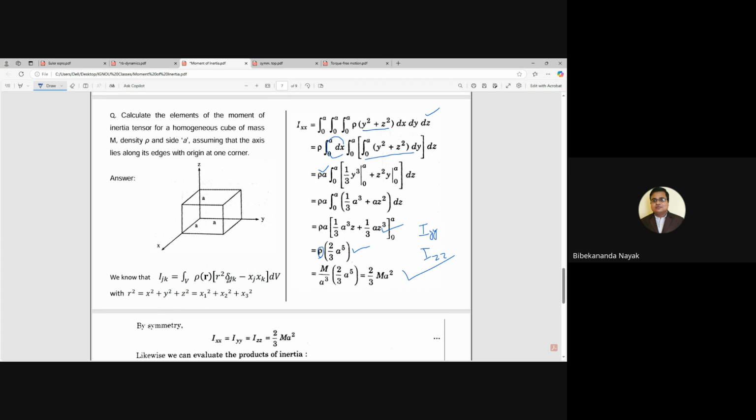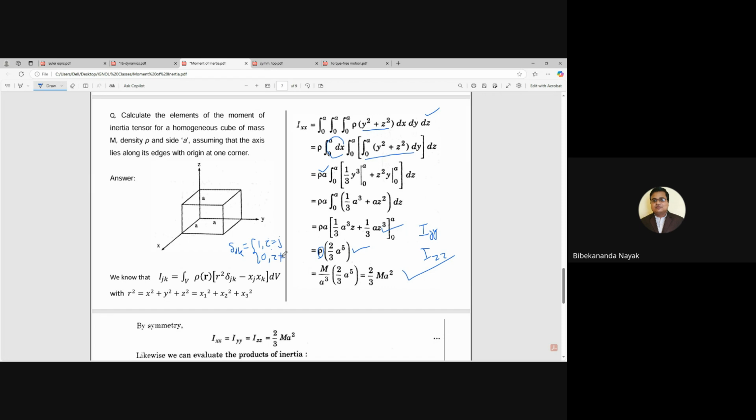The Kronecker delta means it will be 1 if i is equal to j, the same, and 0 otherwise, if i is not equal to j.